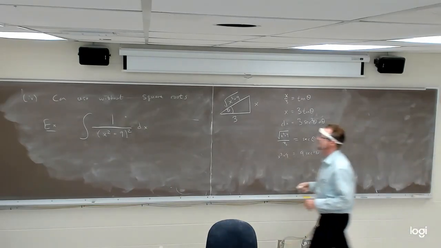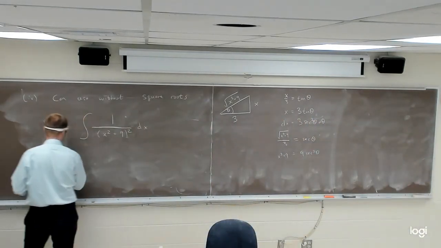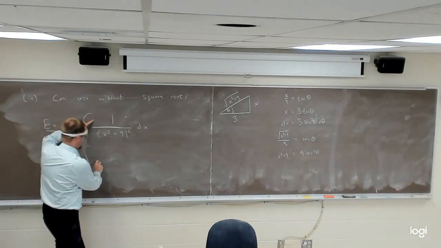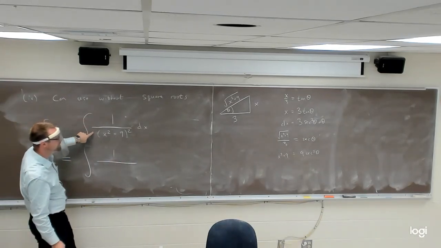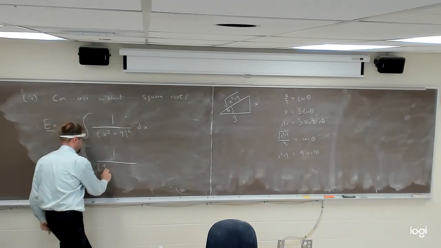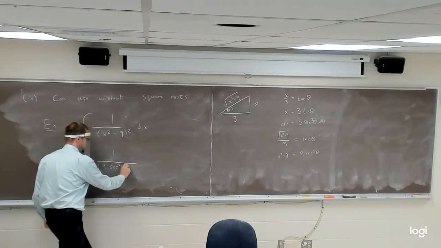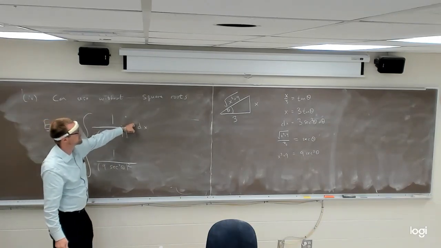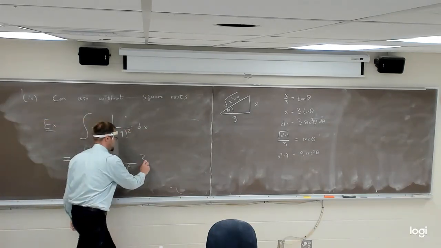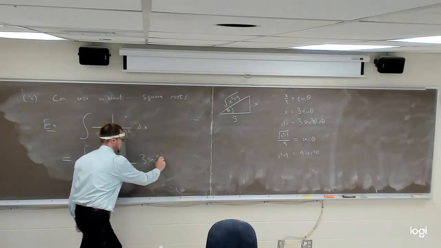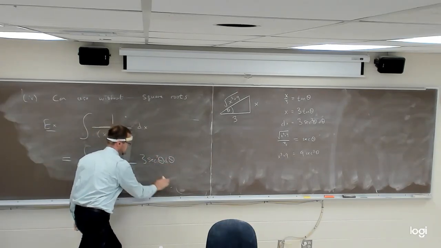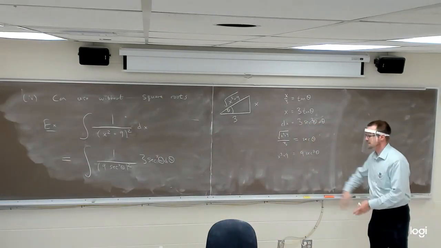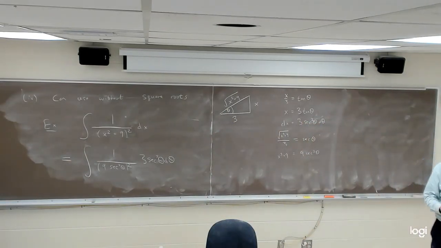So over here, 1 over (9 sec squared theta) squared, times 3 sec squared theta d theta, and now I've got to figure out how to do that trig integral.